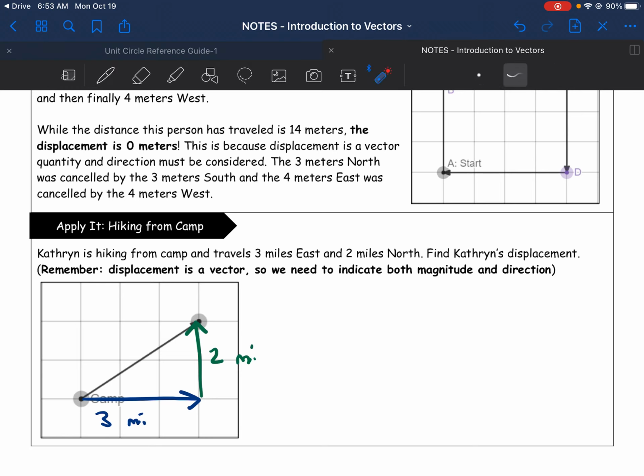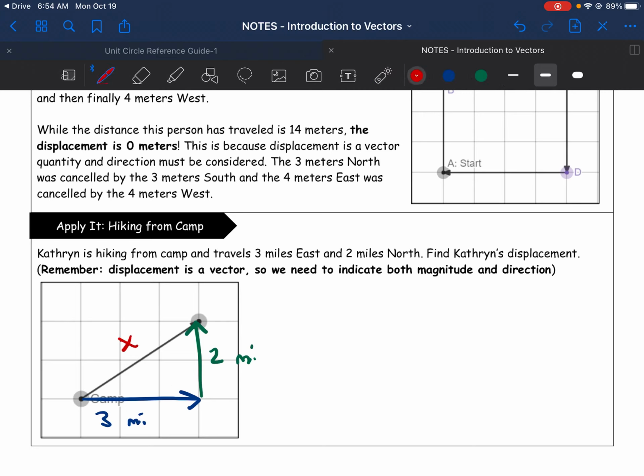So the displacement is the distance from the beginning, the camp, to the end. And again, displacement is a vector quantity, so we not only need to include the magnitude or the length, but the direction. Notice that we can find this length pretty easily using Pythagorean's theorem, because the 3 miles east and 2 miles north creates a right triangle.